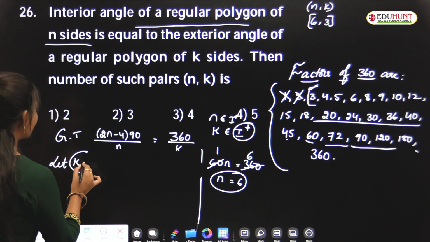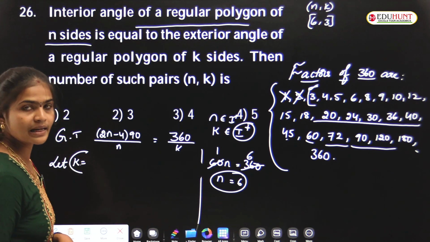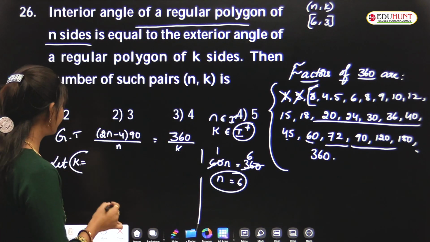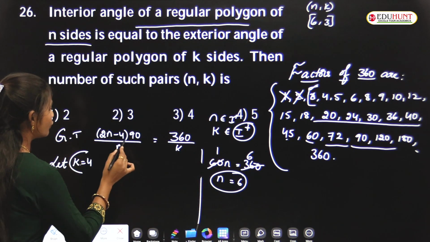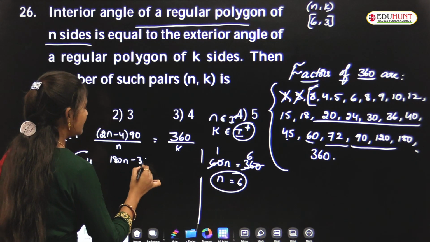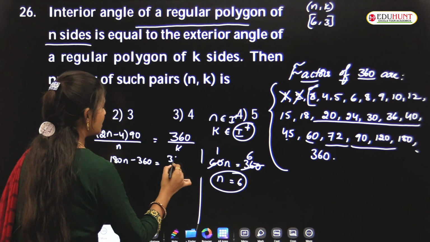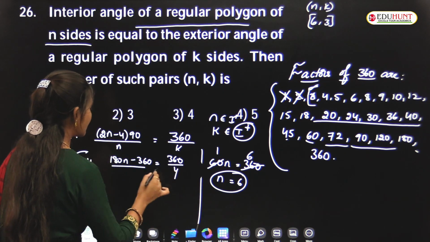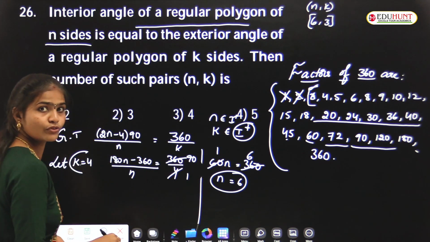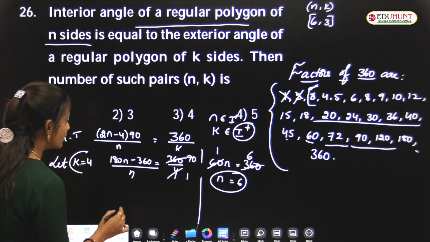Okay, so here k equals 3 is completed, no? So next take 4. If k equals 4, then (180n minus 360) whole by n is equal to 360 by 4. So 4 ones are 4, 4 9s are 36, that's why keep 0 here.